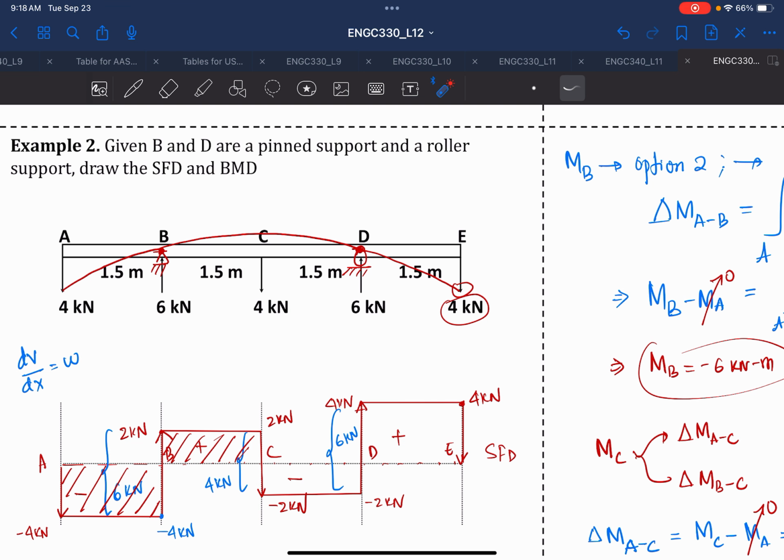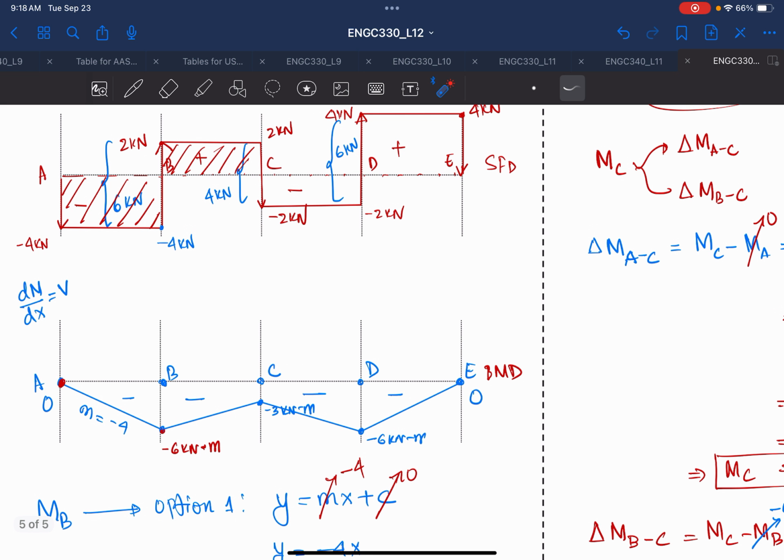You can ask why this 4 kilonewton doesn't bring it down. It doesn't bring it down because the moment applied by this overhanging load is very high compared to the moment introduced by this 4 kilonewton. So you can see here the moment introduced by your overhanging is minus 6 kilonewton meter at both B and D, but the moment produced by the 4 kilonewton is only minus 3.